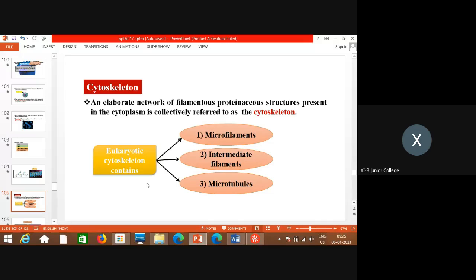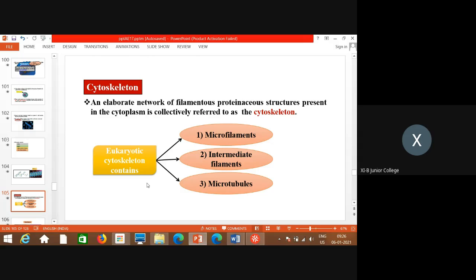Remember, on page number 55 you can see the last paragraph that shows the functions of the nucleus. You can keep your textbook open, page number 55, left hand side column, last paragraph, below the ultrastructure of the nucleus. That paragraph shows all the functions of the nucleus. You can give numbers to it. First, it contains genetic information, so it plays an important role in heredity and variations.